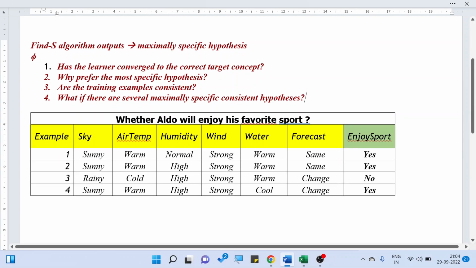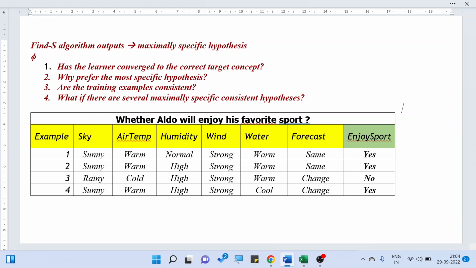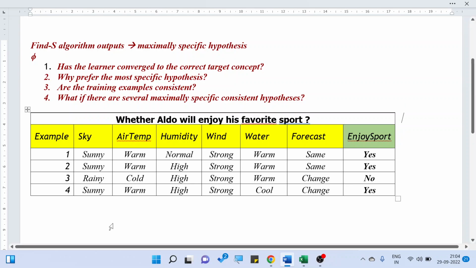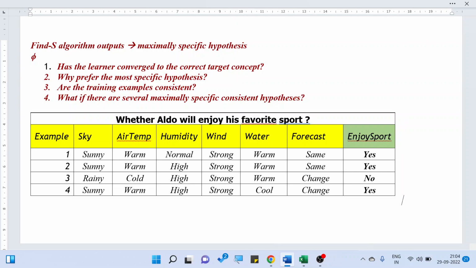So in order to overcome the limitations, we have another algorithm called the candidate elimination algorithm.